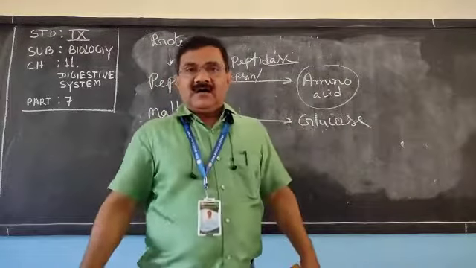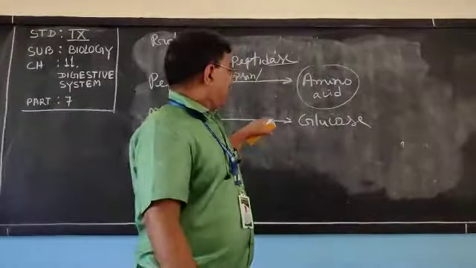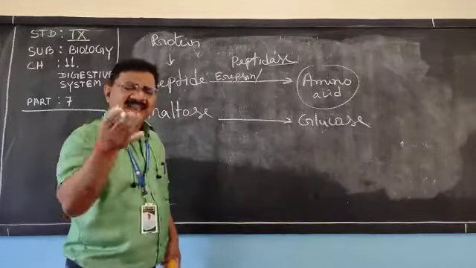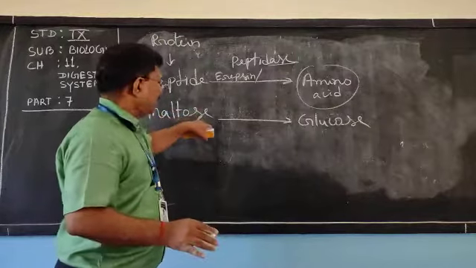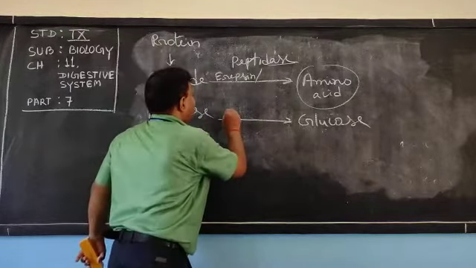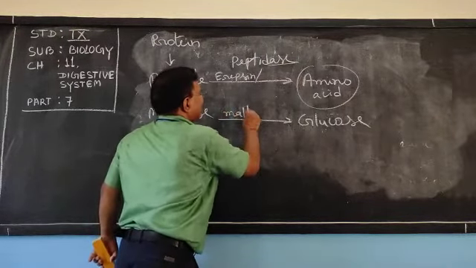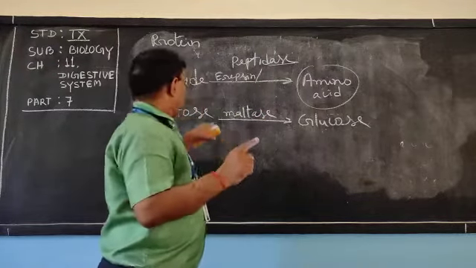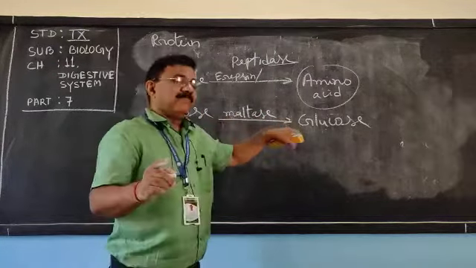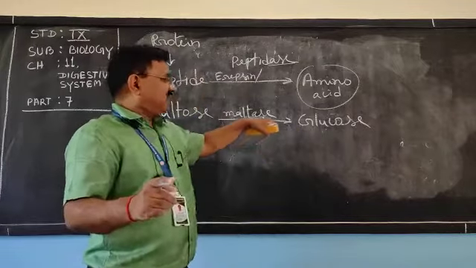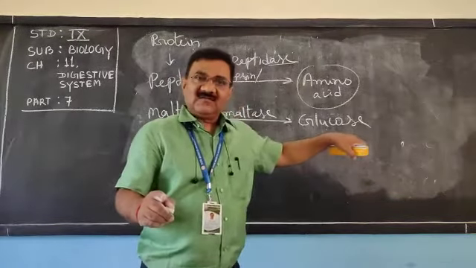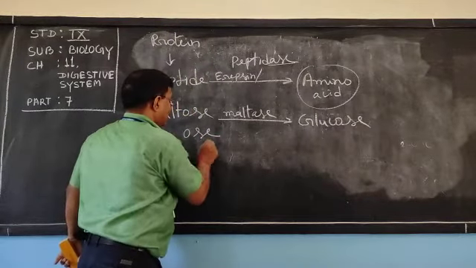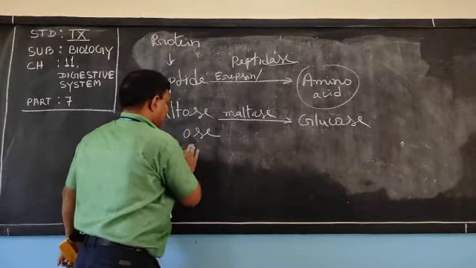Now here a question arises: is there also any enzyme? Yes, very easy to learn. Maltose by the help of maltase. Try to understand. Maltose by the help of maltase is changed to glucose. See the difference in spelling, O-S-E and A-S-E.